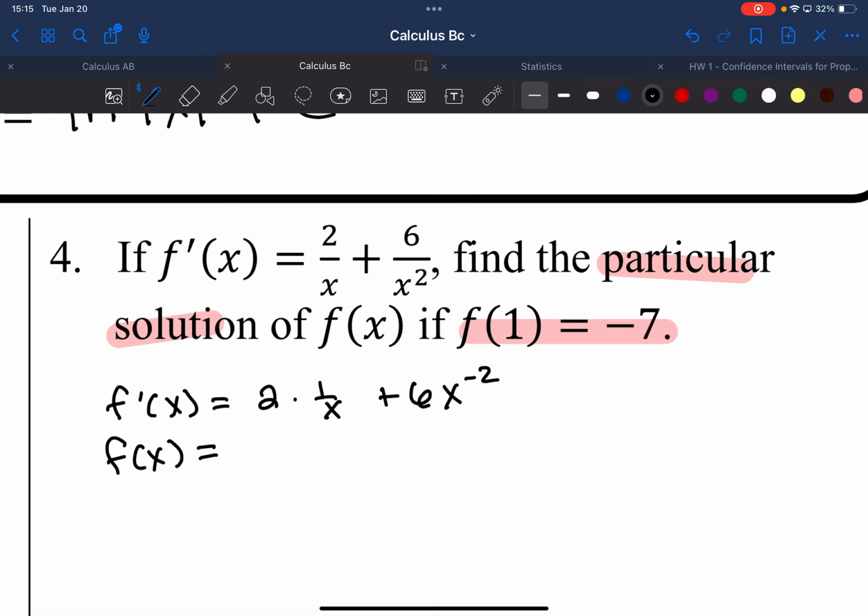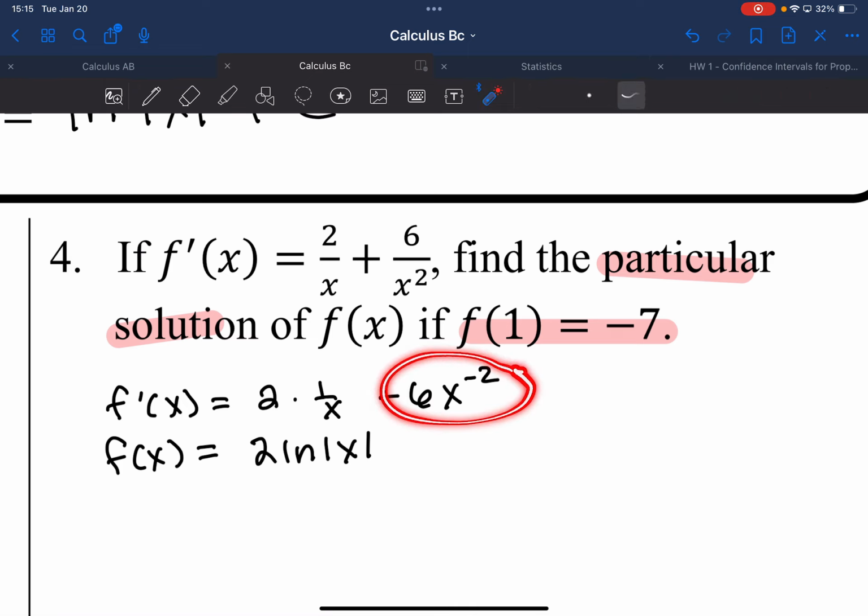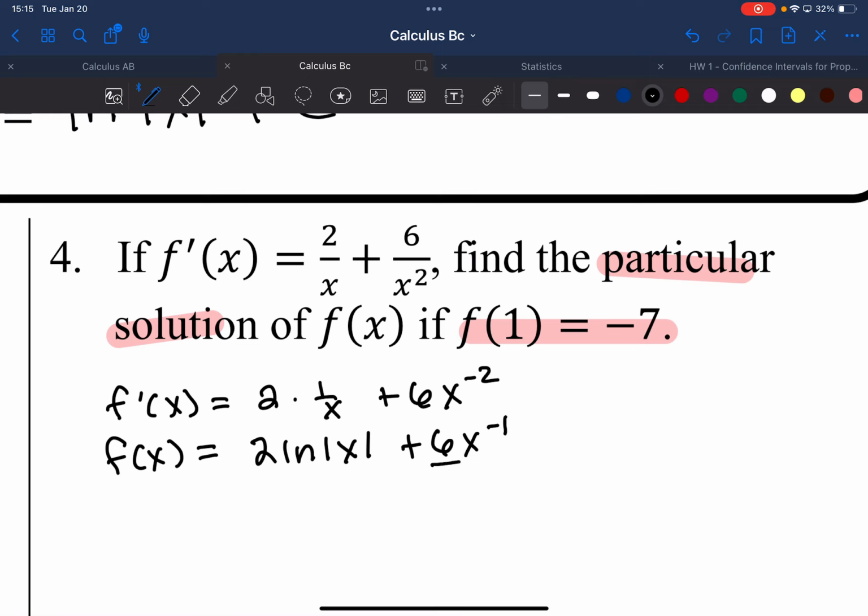Okay. Taking the antiderivative, what would it be in that first term here, that 2 times 1 over x? Good, 2 natural log of x. And then the next term, what would be the antiderivative here? Plus 6 x to the negative 1 over negative 1.